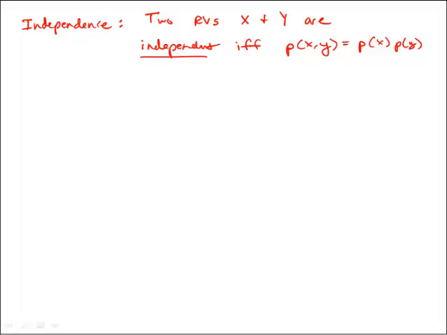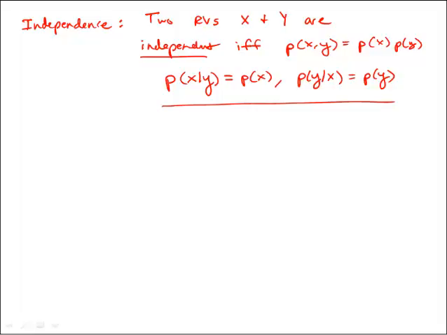This is equivalent to saying that P of x given y is just equal to P of x. So knowing y doesn't have any influence on x, meaning that they are independent. And P of y given x is just equal to the marginal P of y. So these are our official definitions of independence of two random variables.